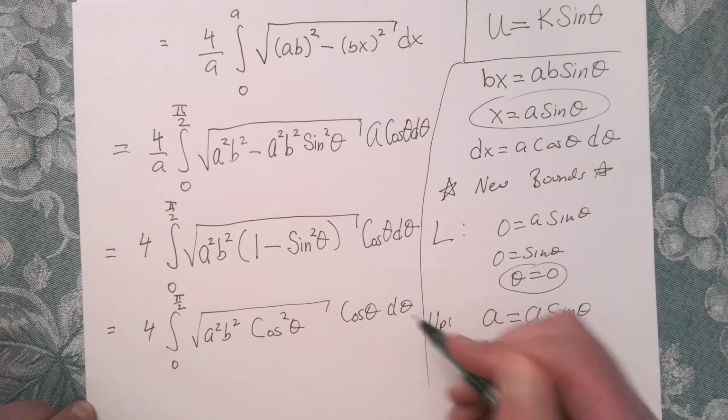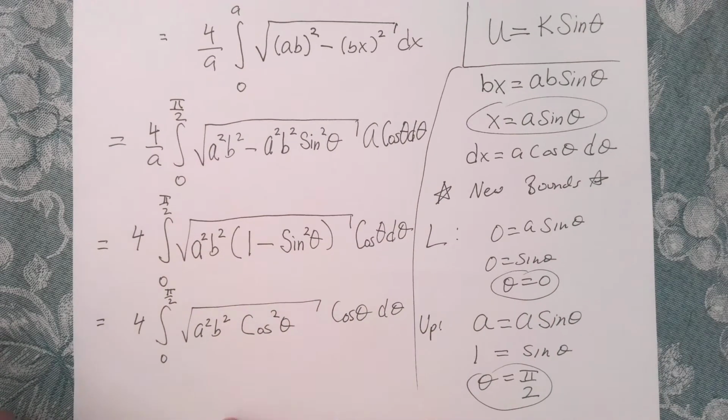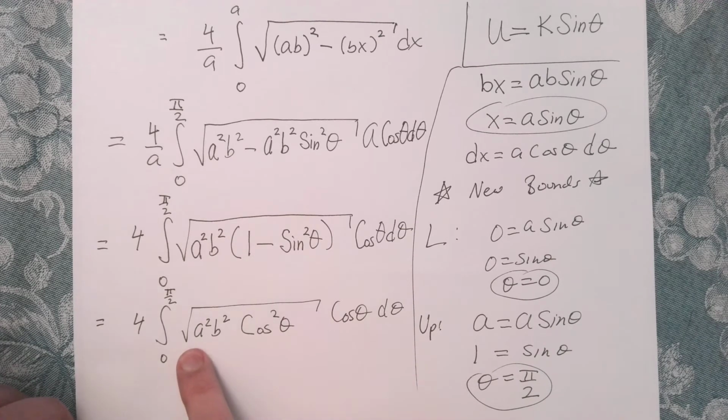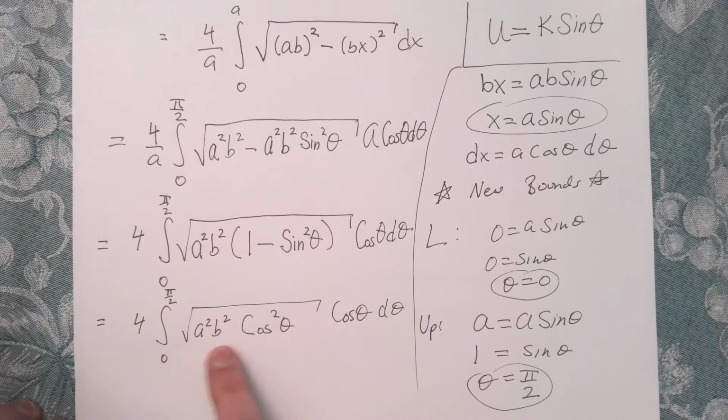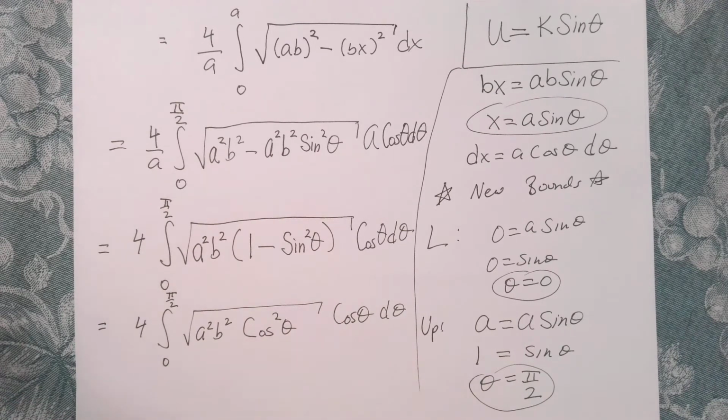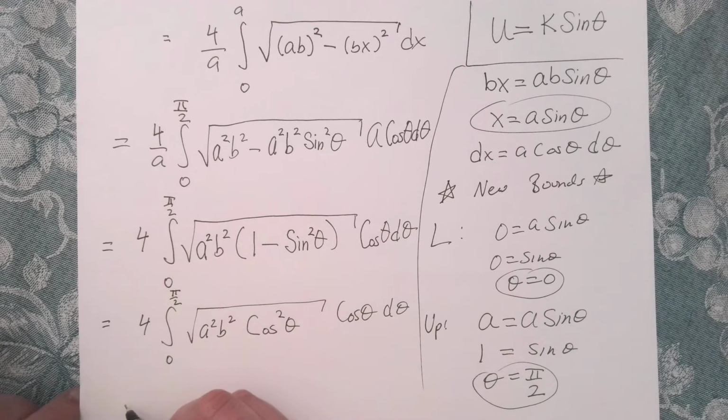And since I have basically a monomial, in a sense, a single term under a square root, I could just take the square root of each factor. So that's going to give me a, b, cosine of theta. I don't have to worry about absolute values because of all the conditions on a, b, and cosine theta. They're all non-negative.